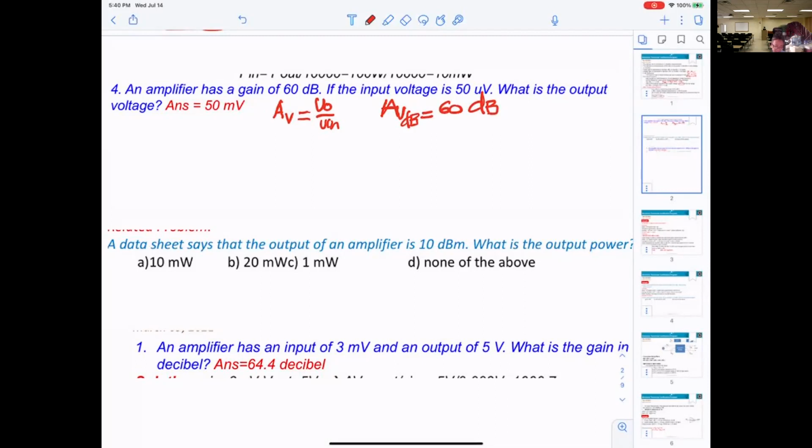And the question now is they give you input is 50 microvolt, and they want to know what is the output, V out. Try to do it now. If you do it the right way, the answer will be 50 millivolt.